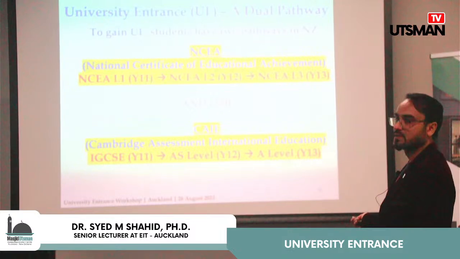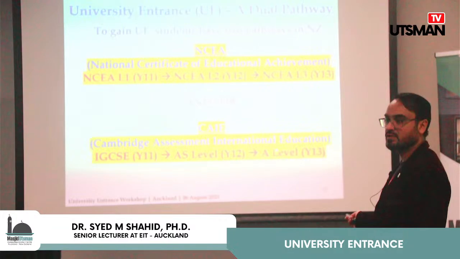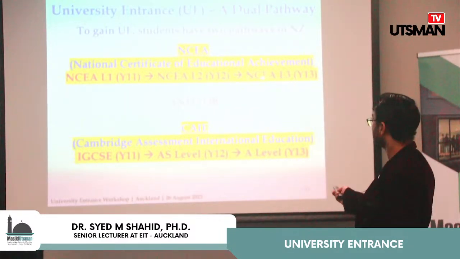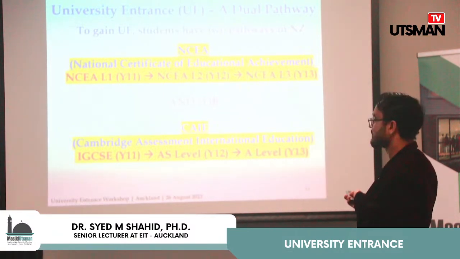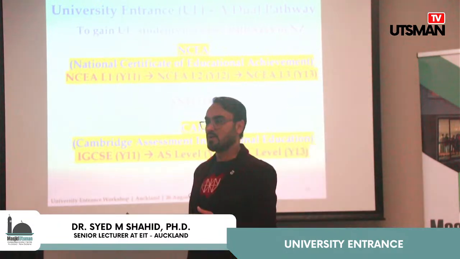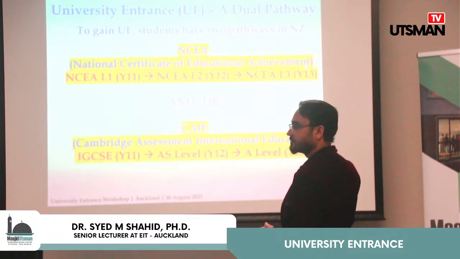So if you pass through Cambridge Assessment International Education, you can still compete with NCEA level 3, year 13. So at this point, both learners, whether they are coming from NCEA or from the Cambridge system, compete with each other to get into university.